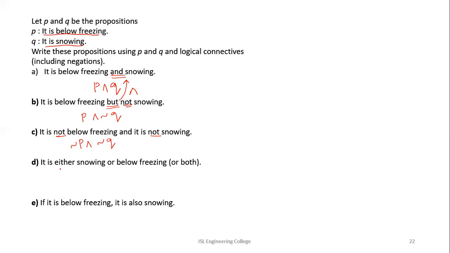Now over here this is a bit tricky. It is either or. I did mention in the earlier class that either or is XOR, correct? But in brackets it is given that it may be snowing or below freezing or both. Now this is a case of or, not XOR. Why?